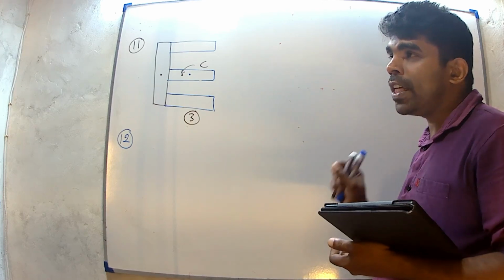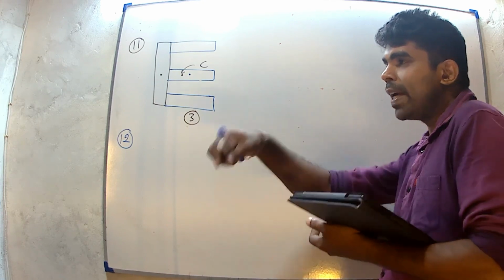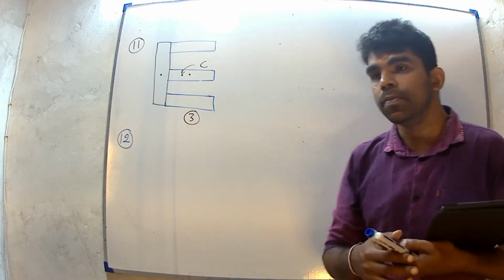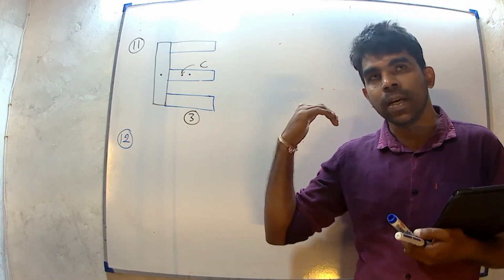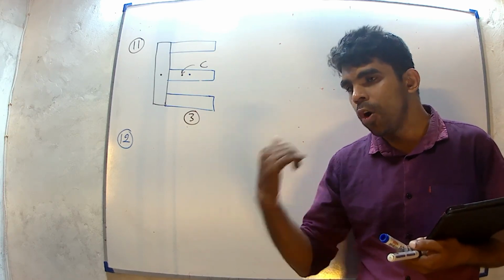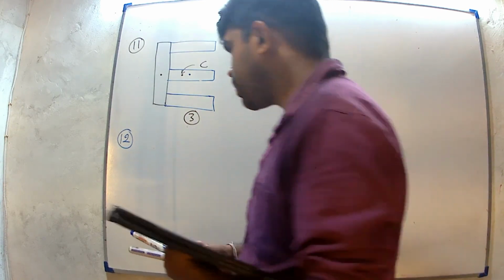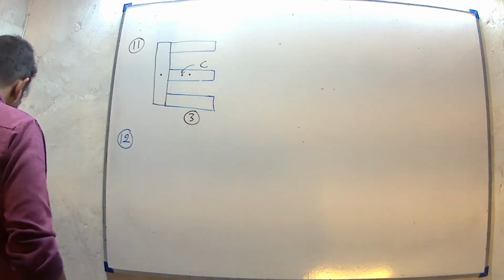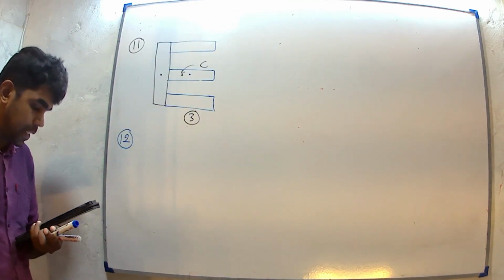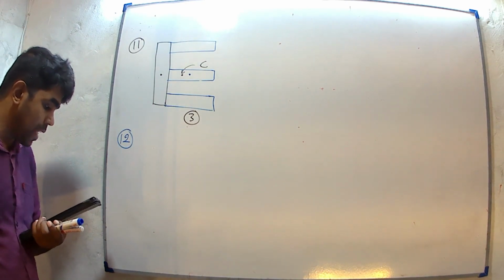If the pivot point is on the center of gravity, then object is at neutral equilibrium. And if the pivot point is below the center of gravity, object is at an unstable equilibrium. Now we have to select the figures corresponding to stable equilibrium.